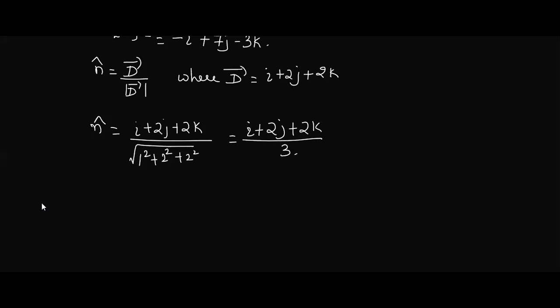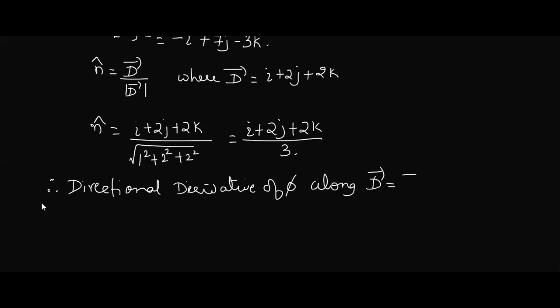So we have got both the quantities. Can we find the directional derivative now? Yes. The directional derivative of phi along vector d is given by del phi dot n cap. My del phi is minus i plus 7j minus 3k, dot product with n cap, which is (i plus 2j plus 2k) divided by 3.